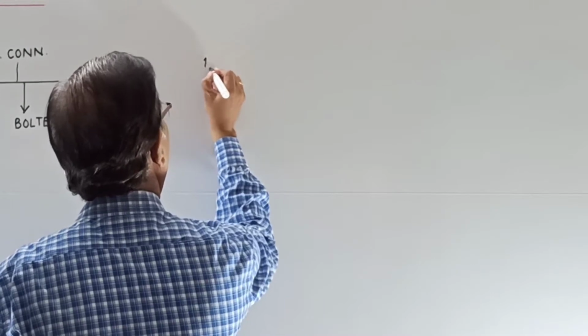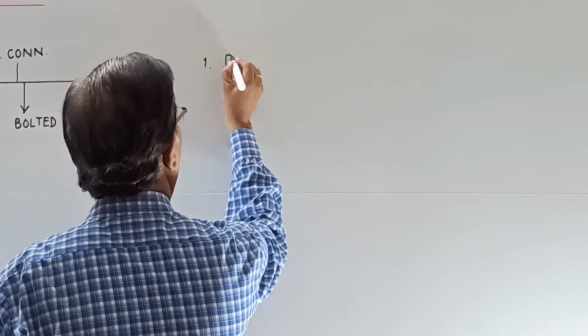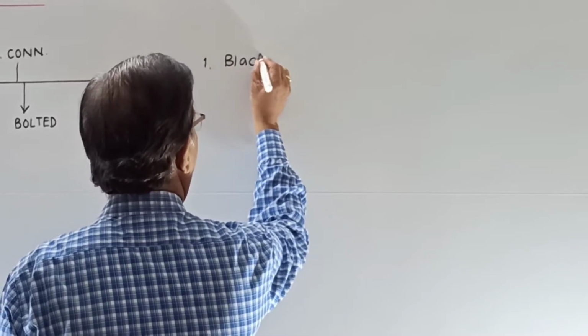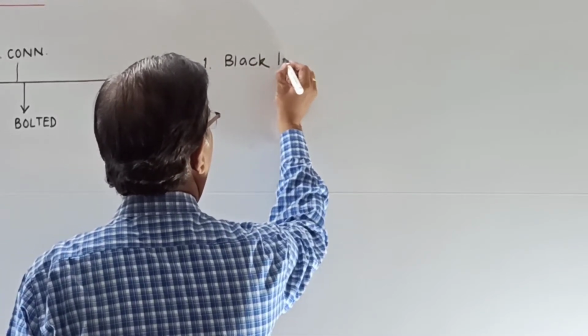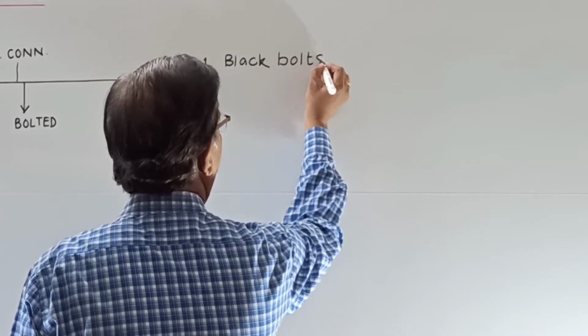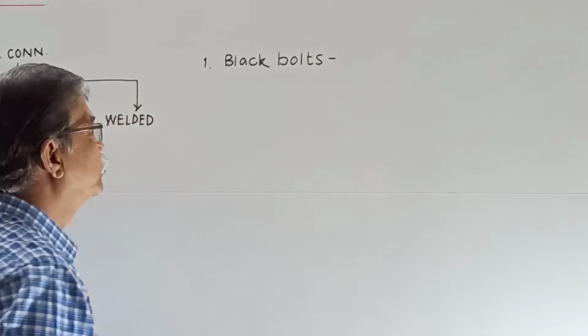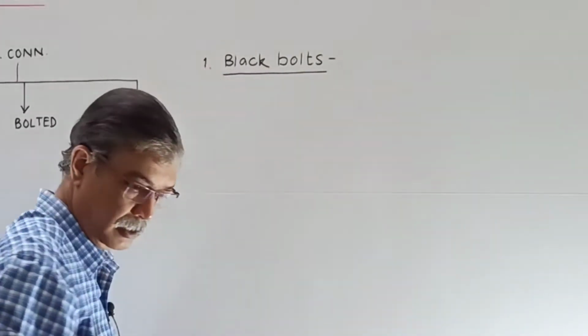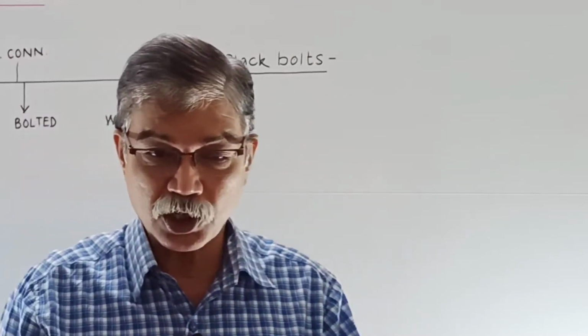Now let us see what are different types of commonly used bolts. The first type of bolts are known as black bolts. Now these black bolts are ordinary bolts.